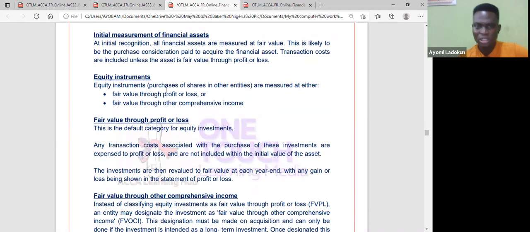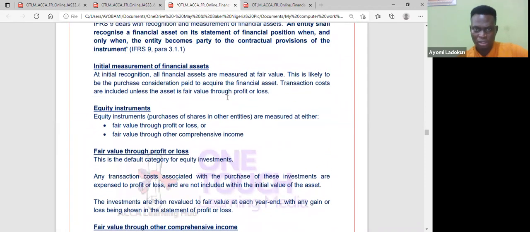Now, for equity instruments, that means I bought an equity instrument from another company. It is an asset to me. Does that make sense? So I will initially measure it at fair value. Then I can subsequently decide to either measure it at fair value through profit or loss, or fair value through other comprehensive income.